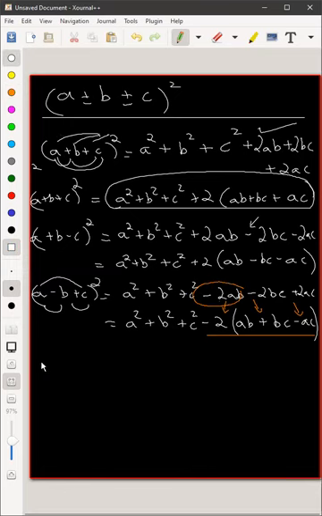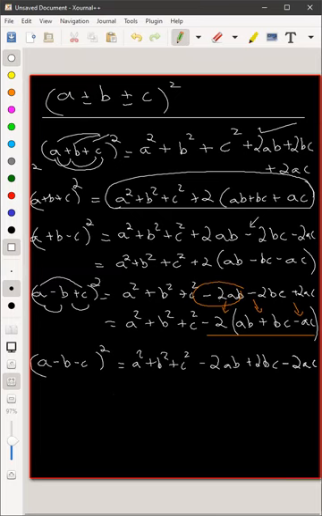Okay, and the last one, a minus b minus c, the whole thing squared. Samita? Yes, so a square plus b square plus c square minus 2ab plus 2bc and minus 2ac.